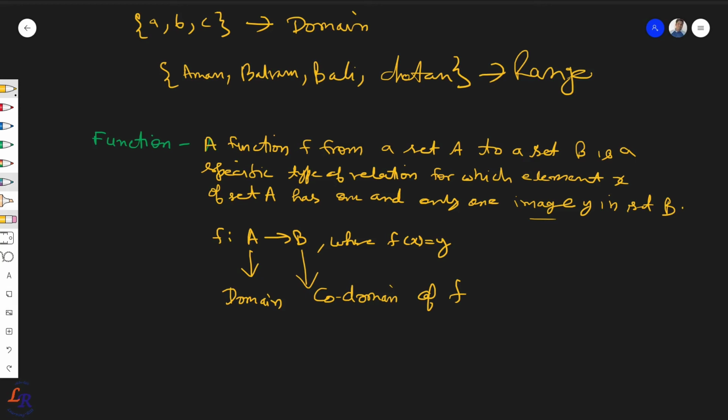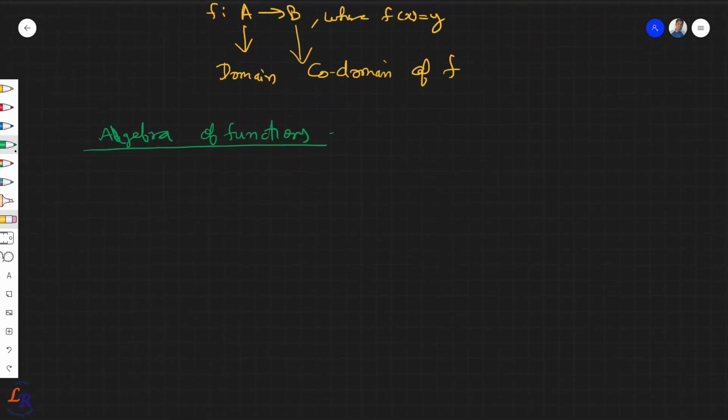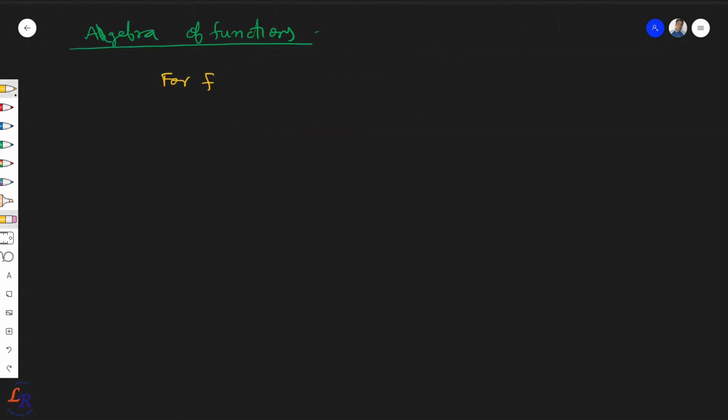And now you can have a look at some algebra of functions. Again, that would come later, but under revision let me just put algebra of functions. So let's have a review of it as well. So f is a function such that f: X to R, and if there is another function g such that g: X to R, then we have the following properties.